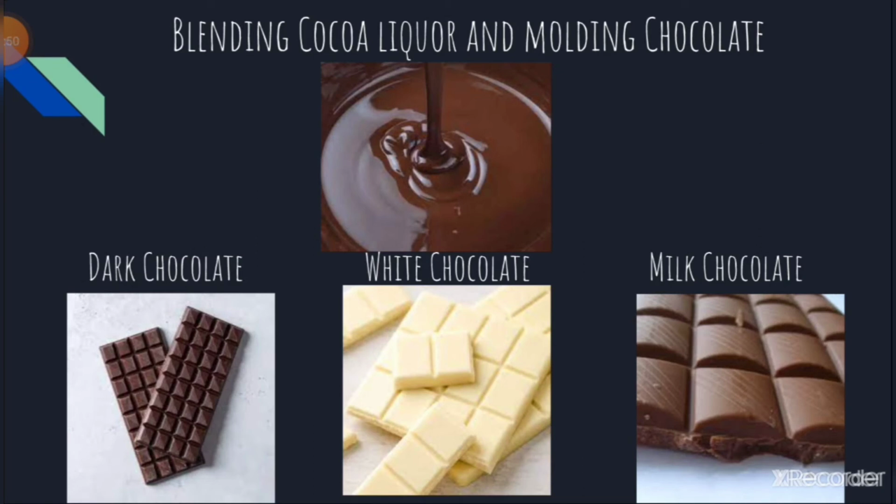For white chocolate, sugar, milk or milk powder, cocoa liquor, cocoa butter, lecithin and vanilla are added. And for milk chocolate, sugar, milk or milk powder, cocoa powder, cocoa liquor, cocoa butter, lecithin and vanilla are added.